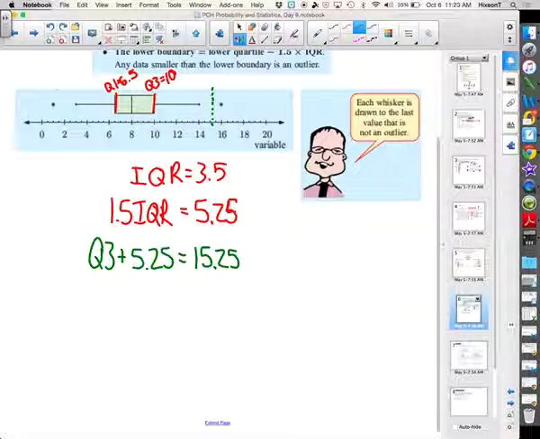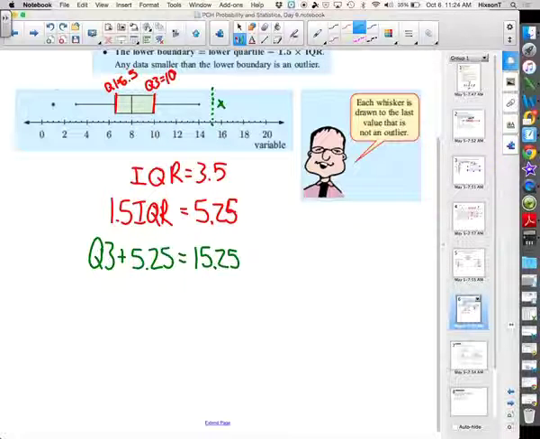I don't know what all the original data was, but evidently our max value ended up being 16. So since 16 is past 15.25, we would call that an outlier. You can use a little star like they have here, or an asterisk, or what I usually do, you can also put an X to indicate an outlier.